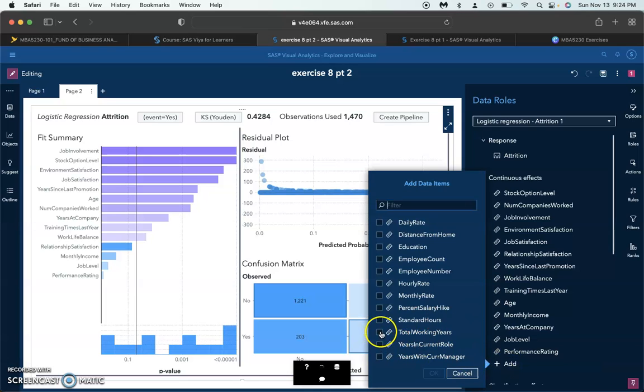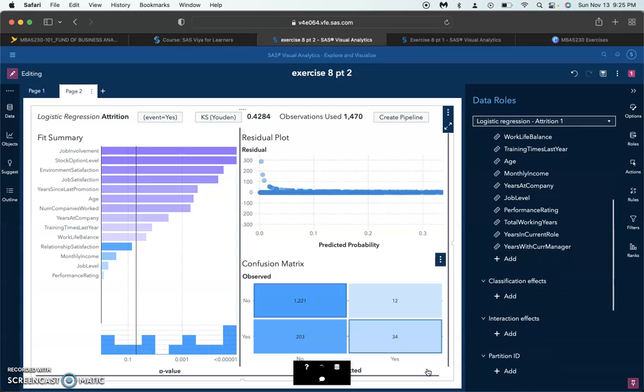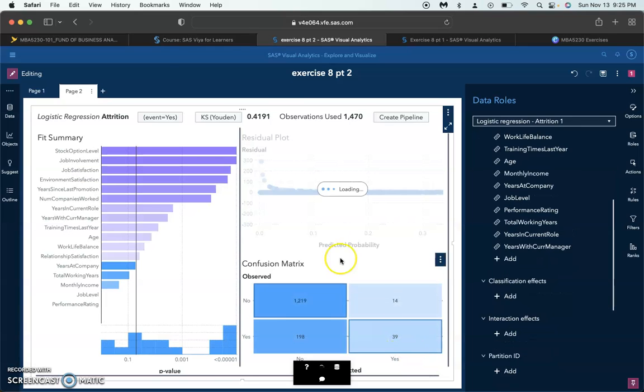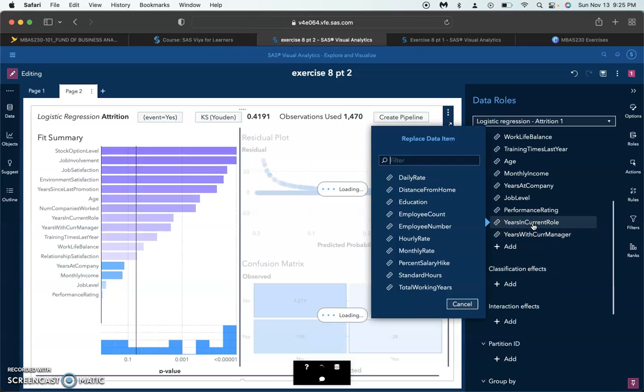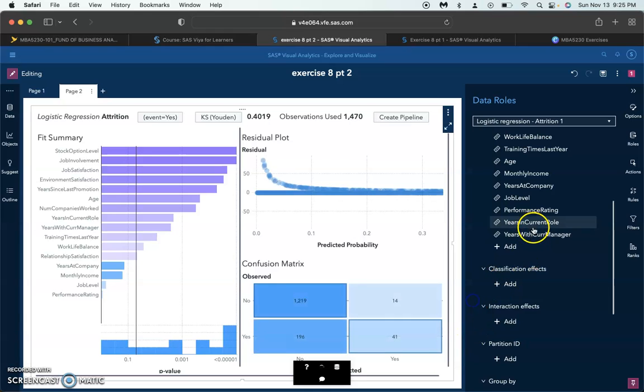We can add in some over here to see if that'll change it, which that actually did not. So I'm going to take these three out again.